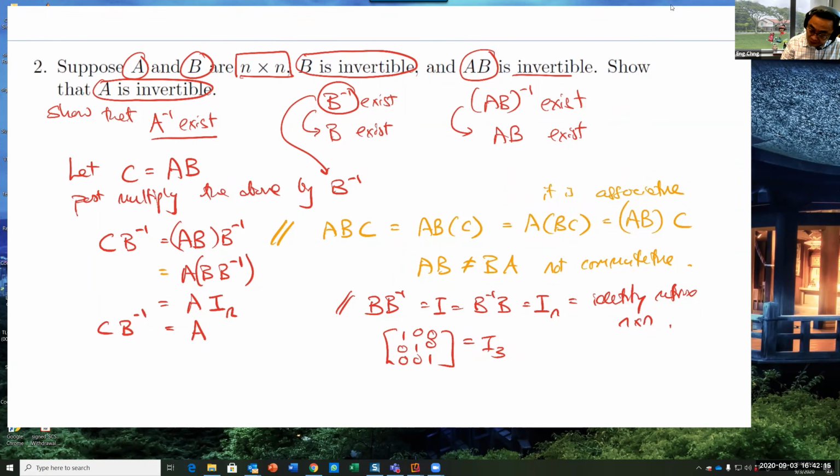Now, what was given to us again? B is invertible. So B minus 1 exists. What about C? C is equal to AB, and we have already been told that AB is invertible. So what do we have?